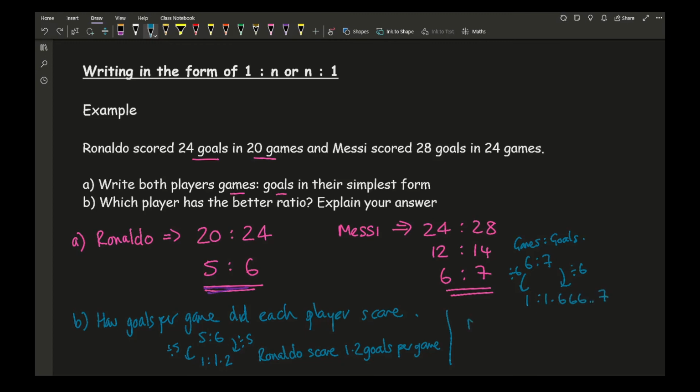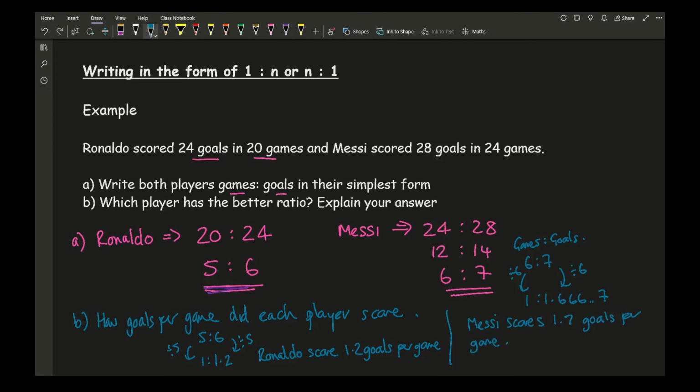So basically, Messi scores 1.6 goals, or I should say 1.7 if we round up. So 1.7 goals per one game.